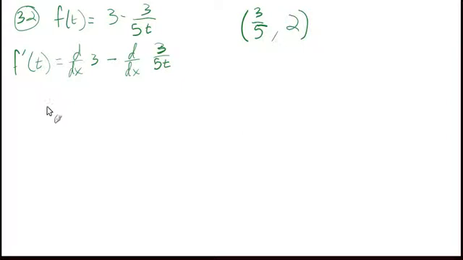This is going to be the derivative of a constant, which is 0, minus, well, this is where it gets maybe a little challenging. I want to rewrite this function so that I can use the rules that I have. The first thing I'm going to do is say, look, this is the same as 3/5 times 1 over t. I kind of take the constants and bring them out together, 3/5.